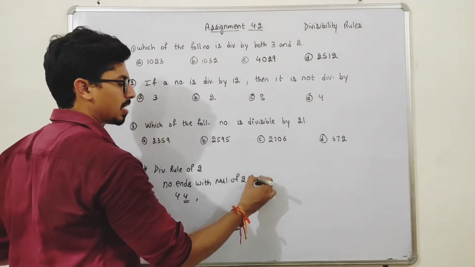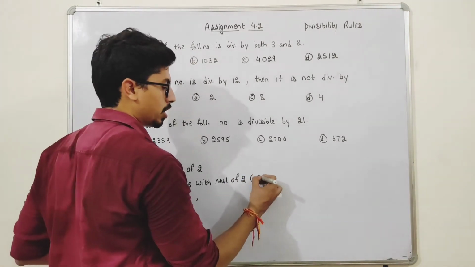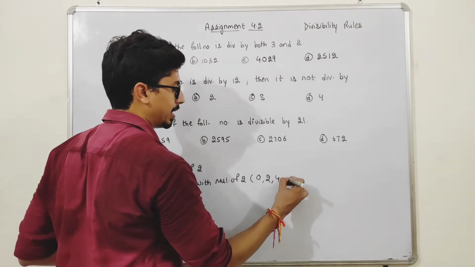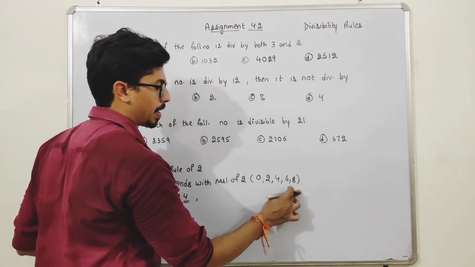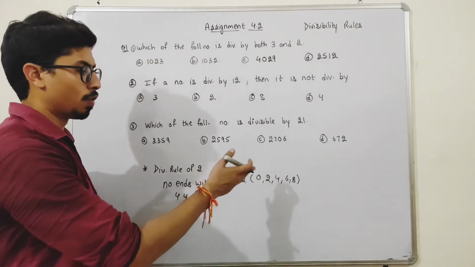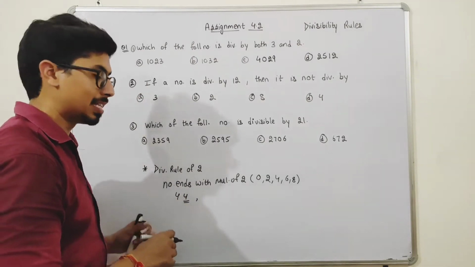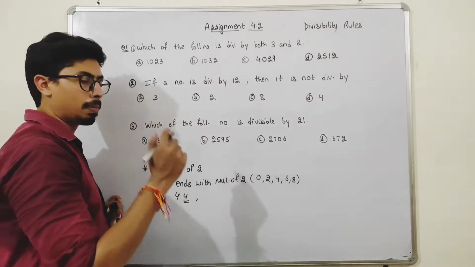Multiples of 2 means 0, 2, 4, 6, 8. If a number ends with any of these 5 digits, then that number will be divisible by 2.